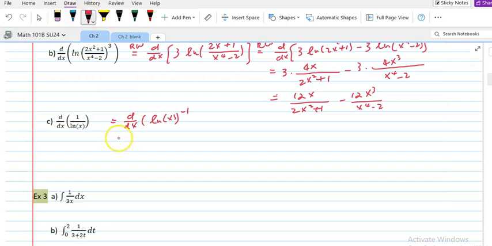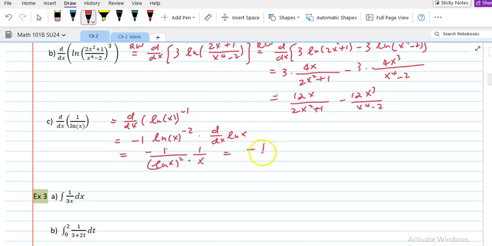So the derivative will be negative 1 times ln x to the power negative 2 times d dx of ln x. d dx of ln x is 1 over x, so this one is negative 1 over ln x squared times 1 over x. So it will be negative 1 over x ln x squared. That's the answer.